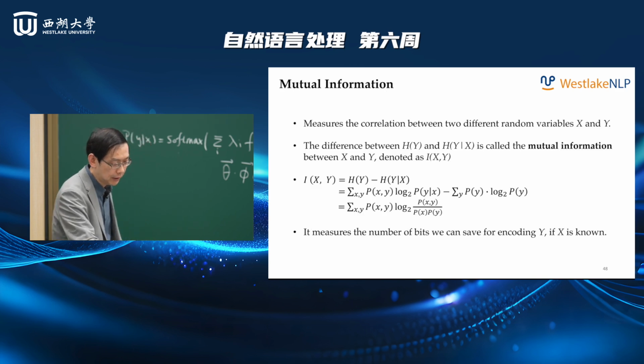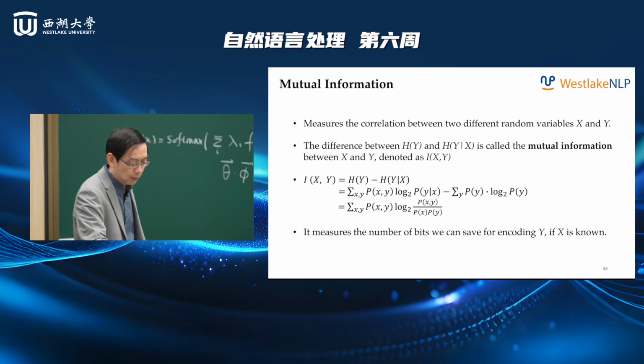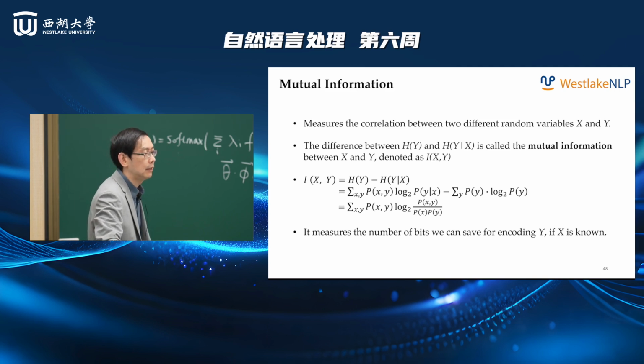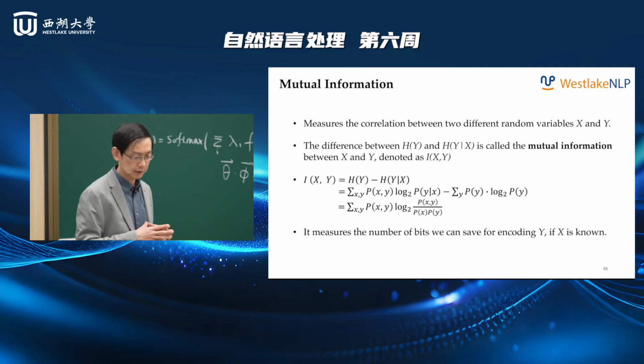So what is the equation? Formally, mutual information is the difference between the entropy of a random variable y and the conditional entropy of the random variable y given a random variable x.